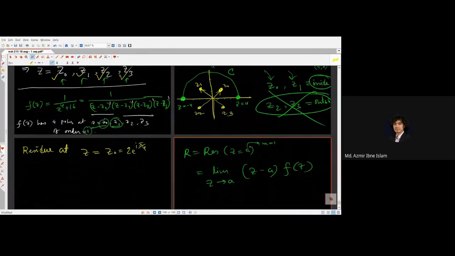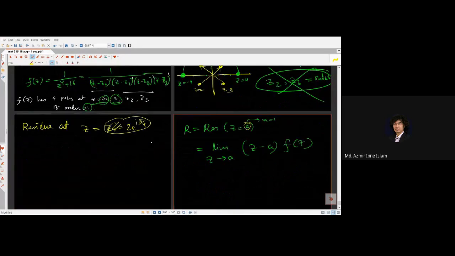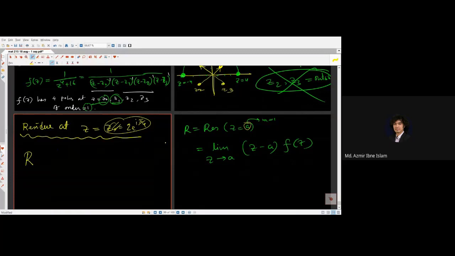So this is z = a. We have a total of 2 poles inside. So for pole 1, we can say R1. For pole 2, we can say R2. So we are mentioning the first residue as R1. That is the residue at z = 2e^(iπ/4). Clear?